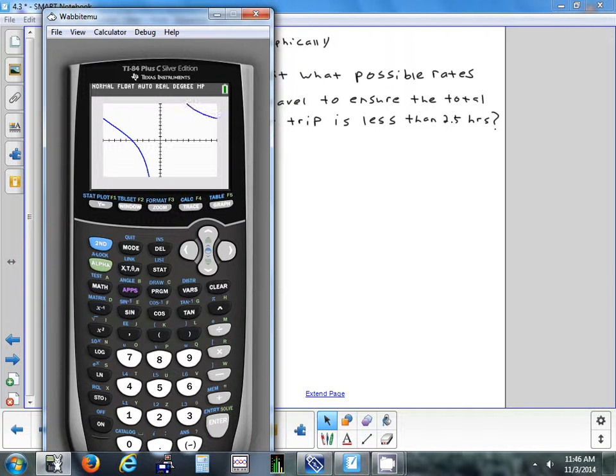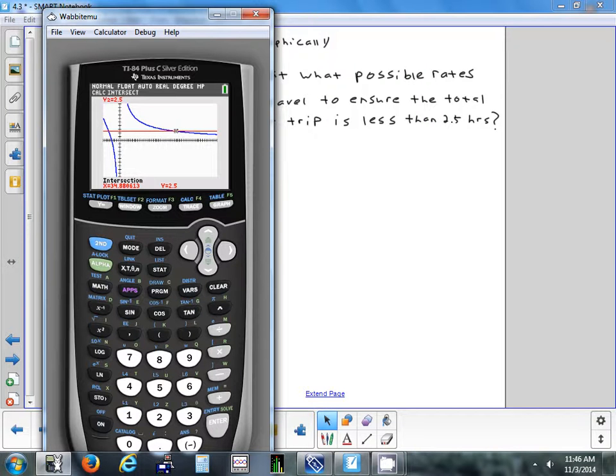We got to set the x max a little higher. Going 10 miles an hour won't do it in this problem. So I'm going to set the x max a little higher. And I'm going to mark where 2.5 hours is. So that's her time getting lower and lower as she goes faster and faster. And there's our mark for 2.5 hours. So to complete the trip in exactly 2.5 hours, she'd have to go 34.88 miles per hour.